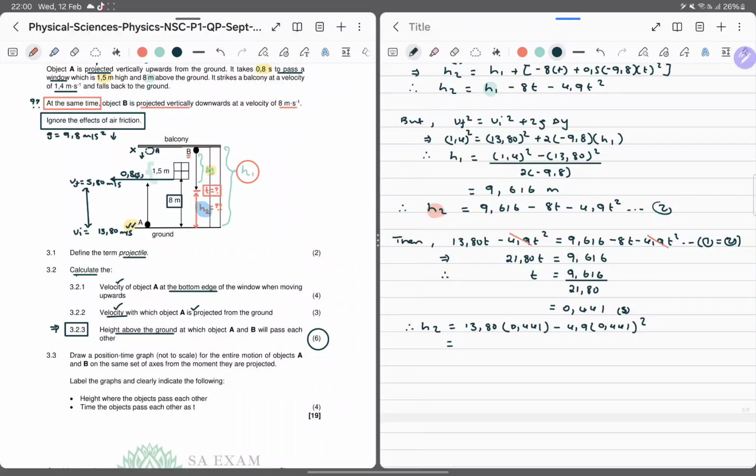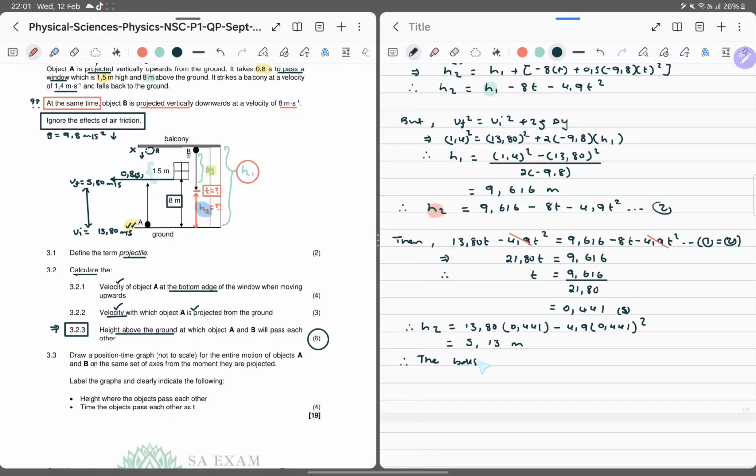So this is 13.80 into 0.441 minus 4.9 into 0.441 all squared. So I'm getting an answer of 5.13 meters.